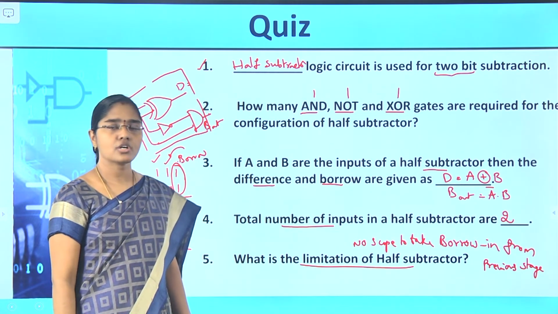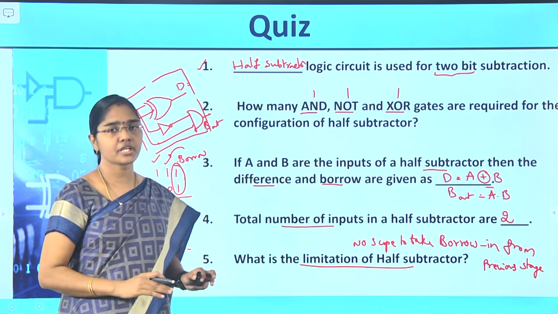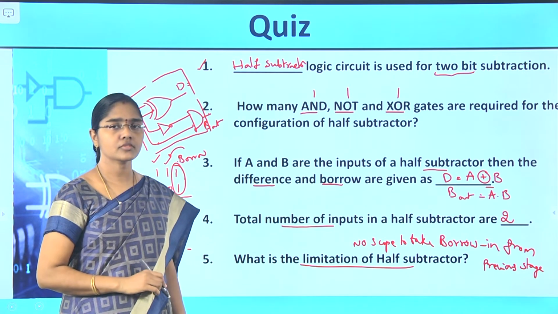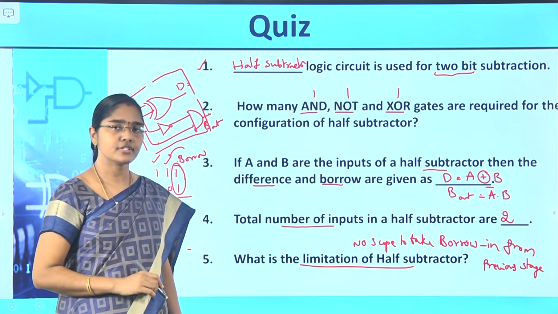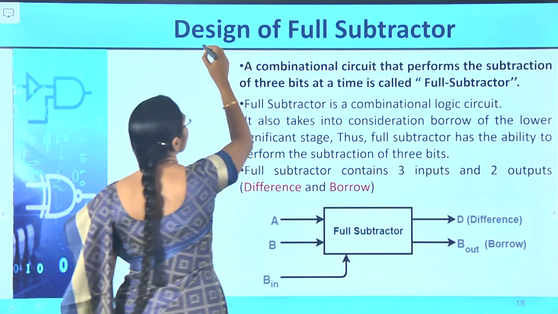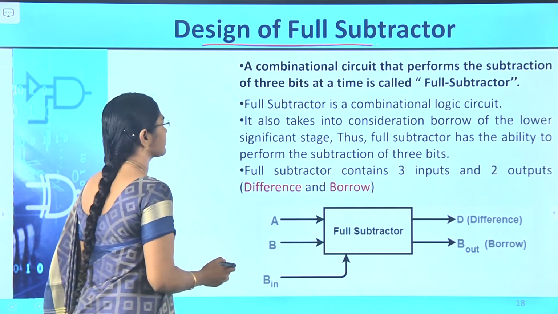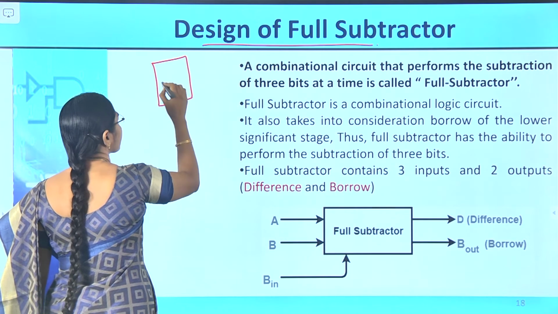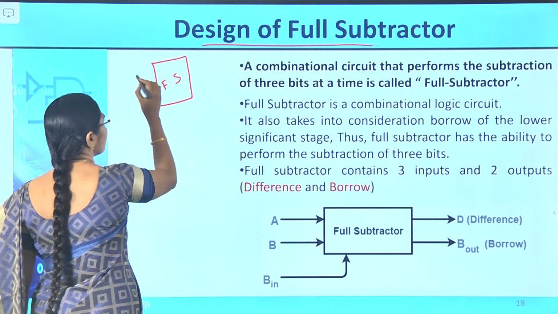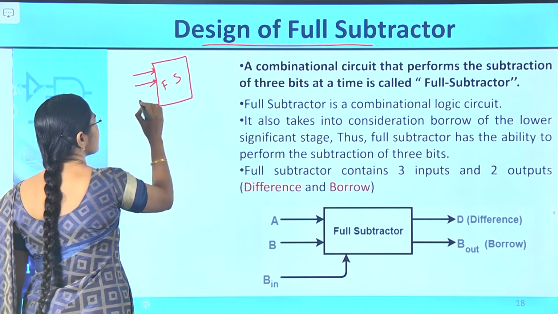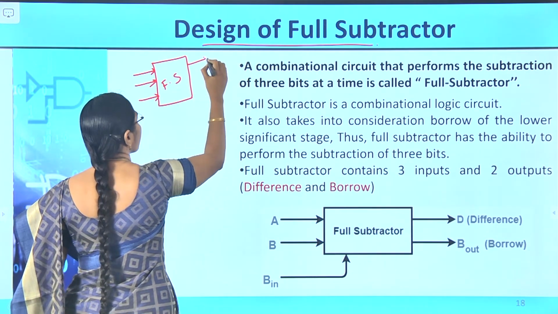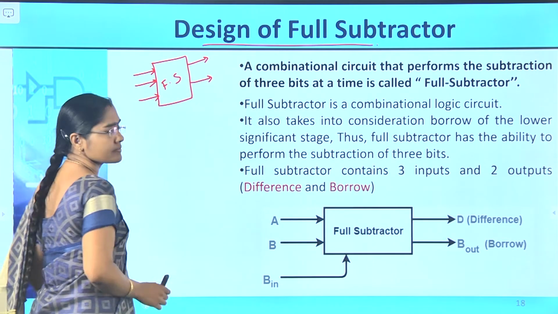Okay, so I hope you understood this half subtractor completely with this quiz also. Let's start the full subtractor. Design of full subtractor. Similar to the half subtractor, the full subtractor is also a combinational circuit which uses 3 inputs and gives 2 outputs.